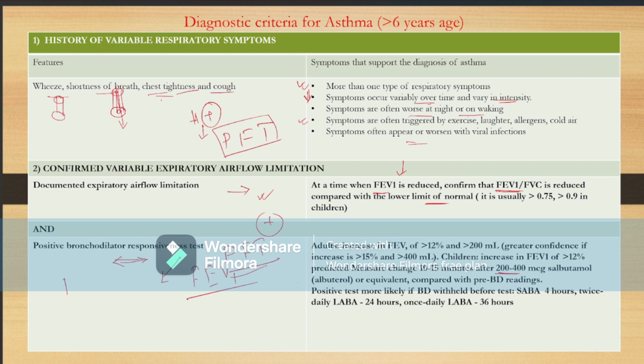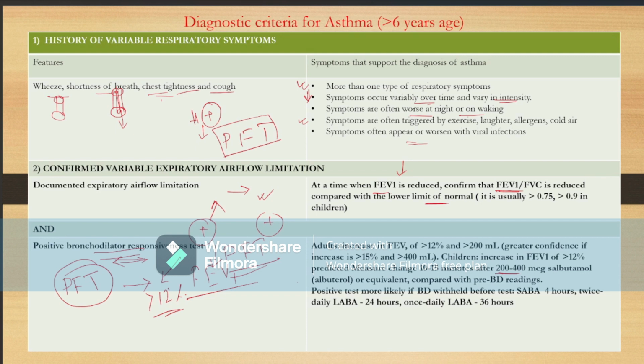After that, we do the pulmonary function test again, and we measure the FEV1. If the FEV1 level is increased by 12% from the first or basic FEV1, then we call the bronchodilator responsiveness test positive, and the patient definitely has asthma.